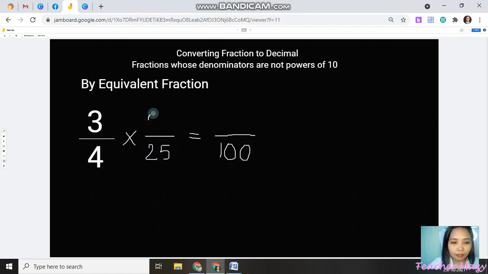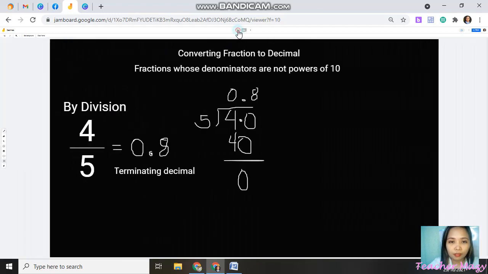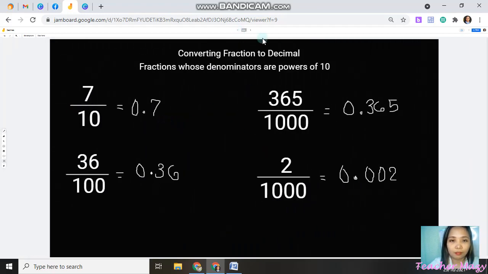And then, kung minultiply natin siya ng 25 sa ating denominator, we need to multiply also the numerator by the same number. So that means 3 times 25 is 75. Now, we can convert it to decimal using this method.